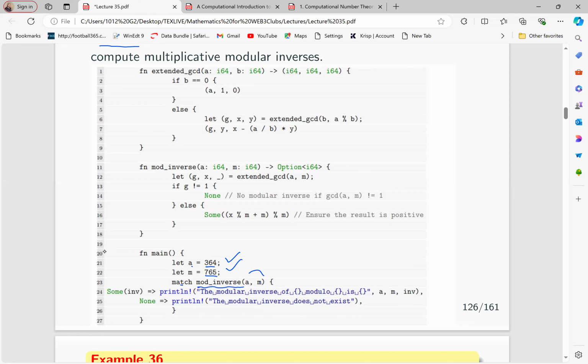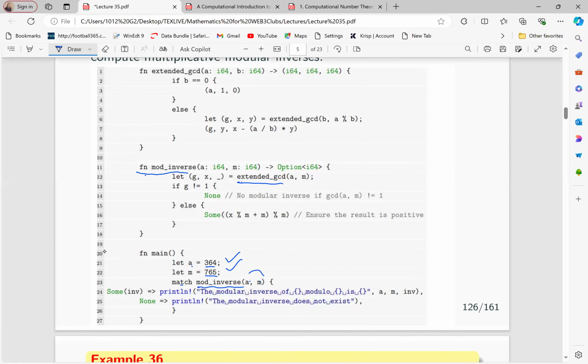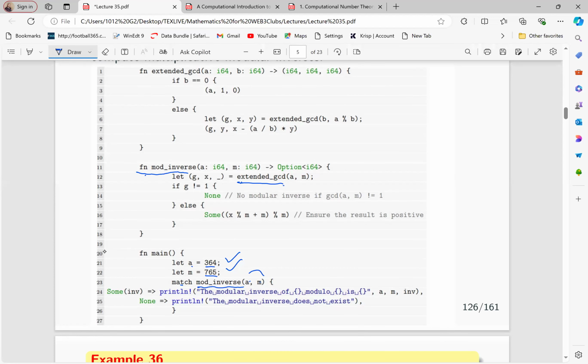And the mod inverse function is here. The mod inverse function would call the extended GCD function. So the main function calls the mod inverse function, and the mod inverse function calls the extended GCD function. So that is where we begin from.